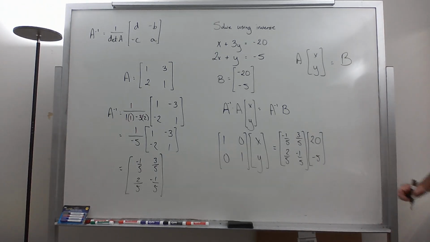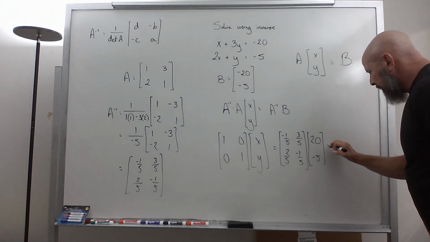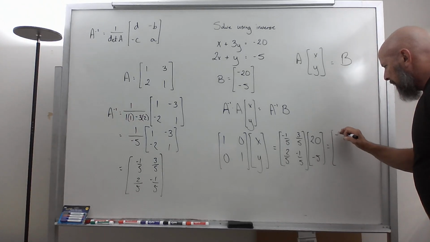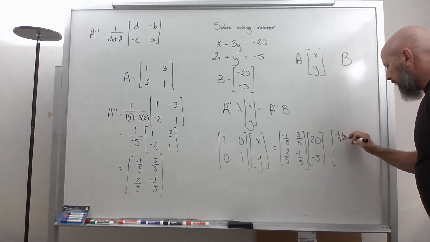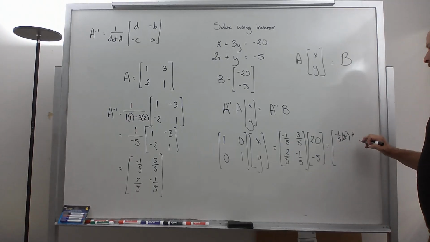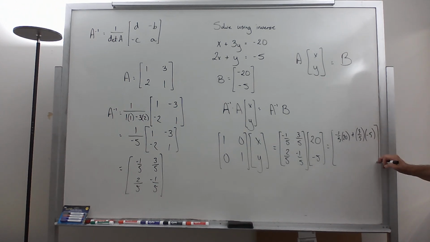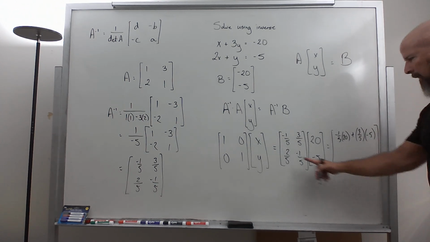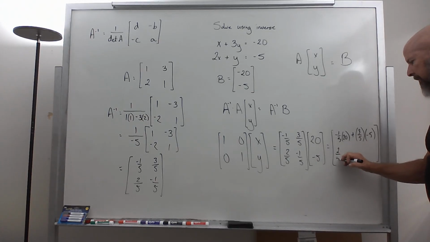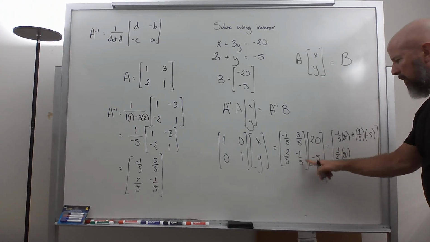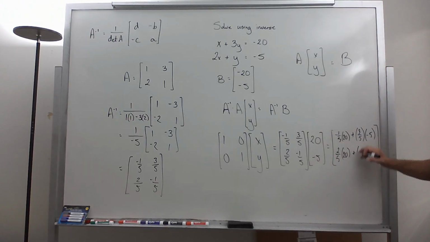So I've got negative 1/5 times 20, plus 3/5 times negative 5. Squeeze this in here. And then 2/5 times 20. Again, I'm doing row by column, plus negative 1/5 times negative 5.